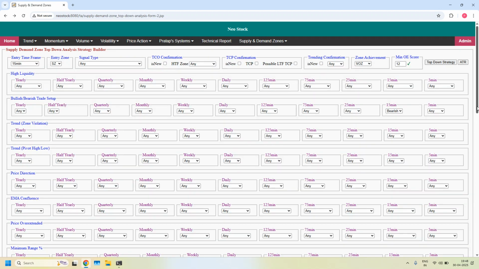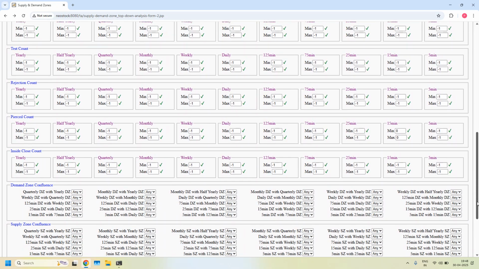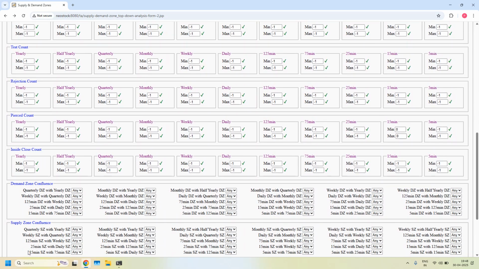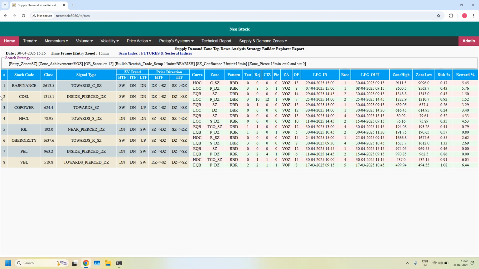First filter is a 15 minute supply zone with 75 minute supply zone confluence. I am enabling the filter. So by applying this filter on the 8 stocks, we got all 8 stocks. All 8 stocks are having supply zone 15 minutes and 75 minutes supply zone confluence.